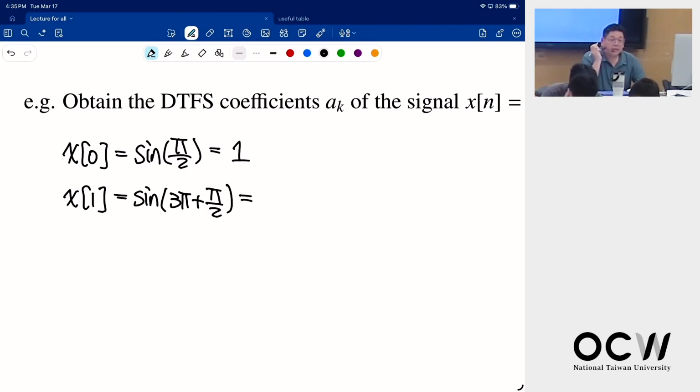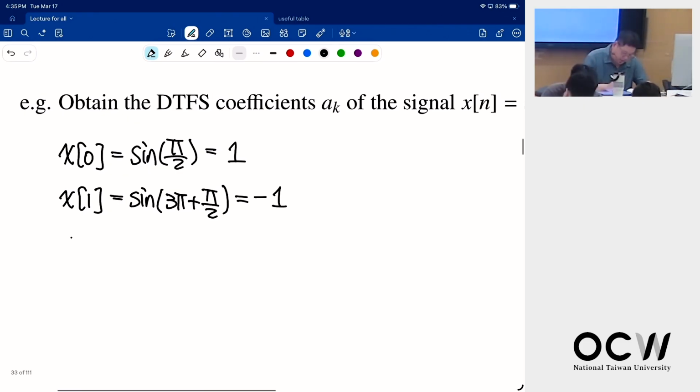7 pi over 2. Sine 7 pi over 2 is, you should either guess 1, 0, or minus 1, those 3 options, right? 1, minus 1. X of 2, you have sine 6 pi plus pi over 2.